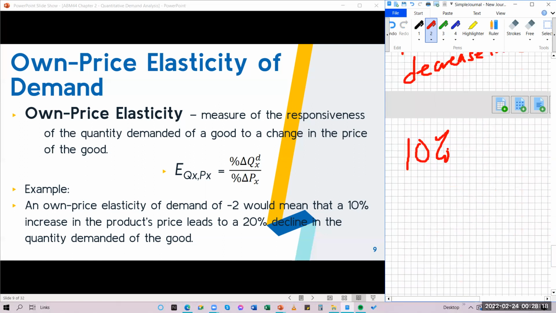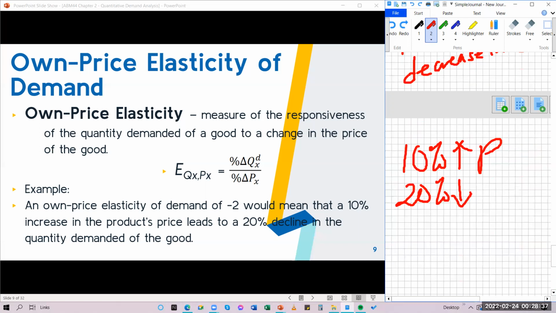So a 10% decline in price would lead to, oh no, sorry. A 10% increase in the price would lead to a 20% decline in the quantity demanded, given that the sign is negative. So that's how we will be interpreting it.